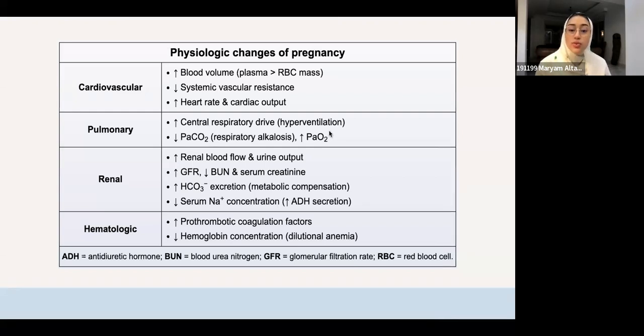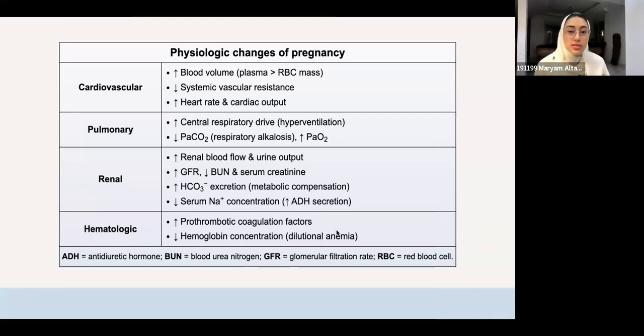Increased central respiratory drive, so increased ventilation, increased breathing, that leads to more oxygen in the blood. Increased blood flow to your kidneys, more urine output, as well as compression of the bladder by your uterus, which is why you see pregnant women going to the bathroom all the time. And importantly, hematologic changes, so increased prothrombotic coagulation factors.